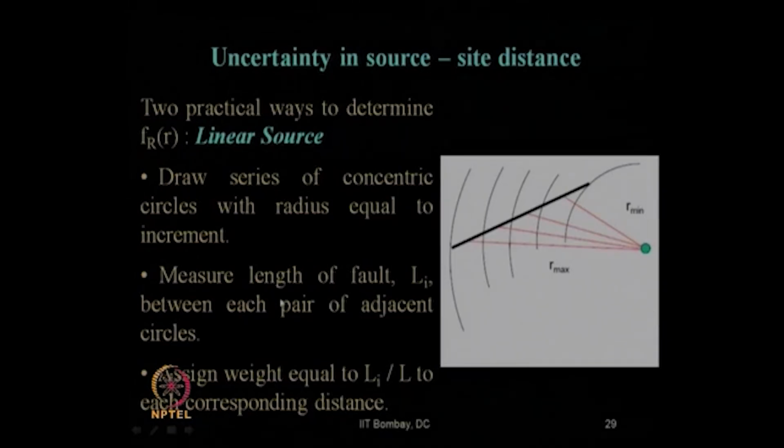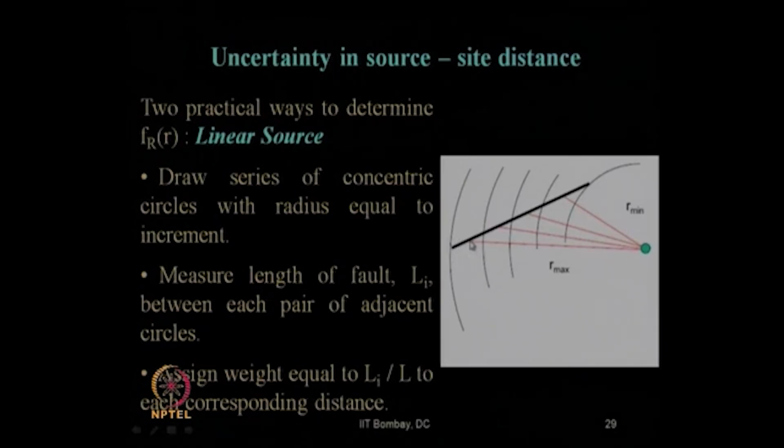Now, measure the length of the fault Li. This is the length of the fault subdivided between each pair of adjacent circles. Now, assign weight equal to Li by L to each of the corresponding distances. If you want to put equal weightage, what is the weightage of this portion of the fault?